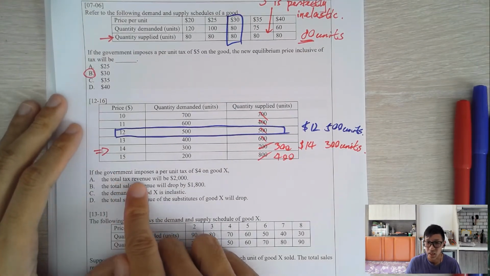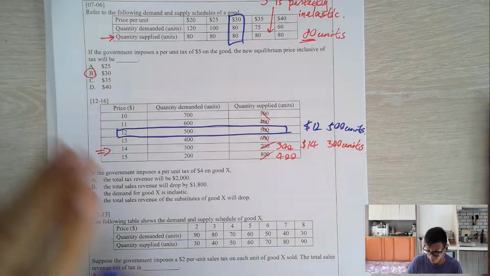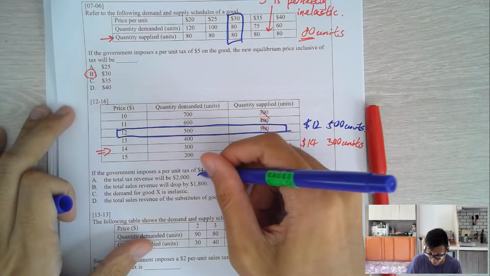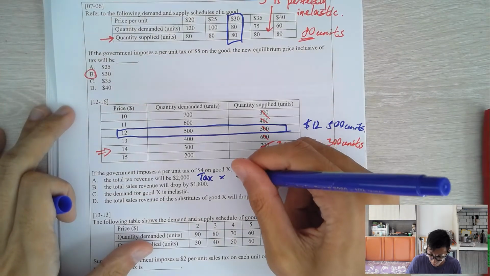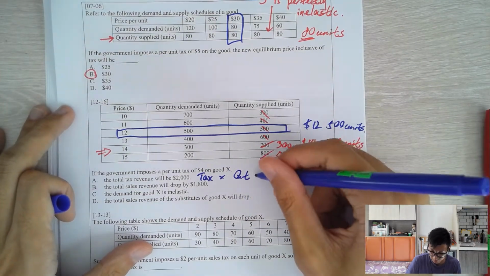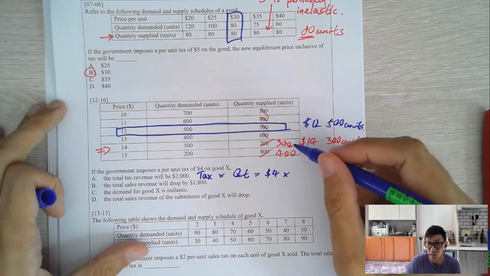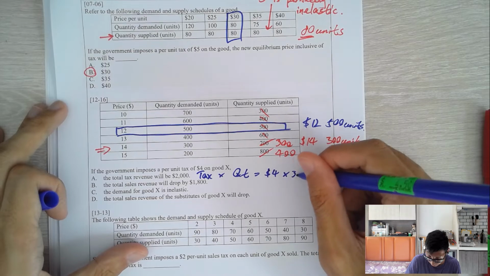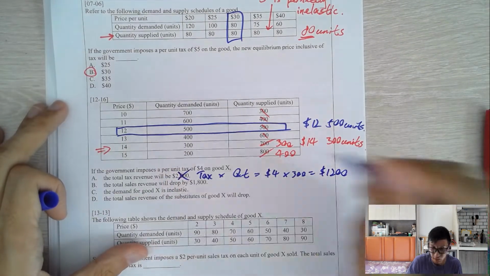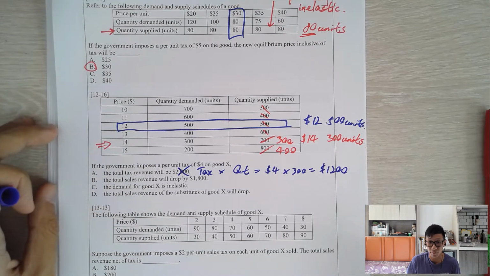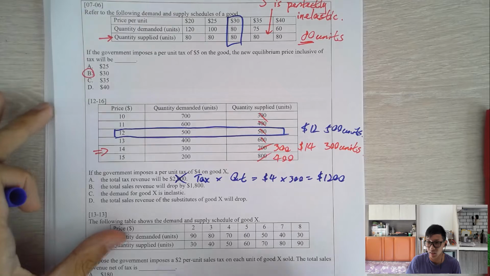Okay, so let's see total tax revenue. How do we calculate total tax revenue? Same as before, it's the per unit tax times the quantity transacted, which would be $4 times 300 units. So this is not the answer. It's only 1200, not 2000. Okay, total sales revenue will drop by this. Let's try.